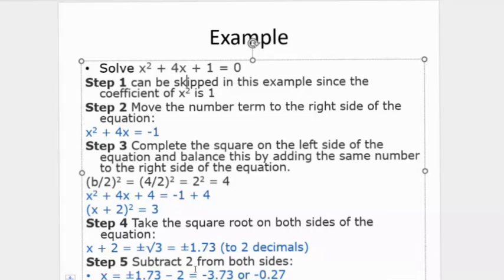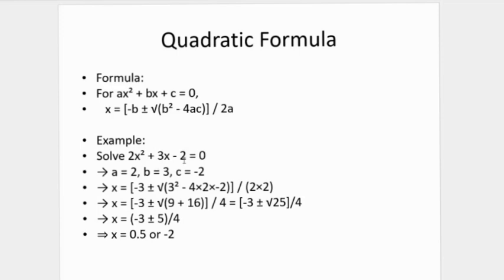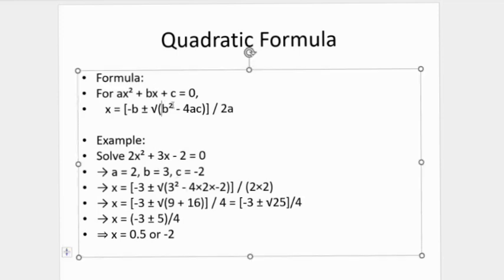So I have real numbers here and they are not the same. For the one with the quadratic formula, b squared minus 4ac, which is this part, 9 plus 16 was 25. And that is greater than 0 as well. So it shows because I have 2 real roots and they are unequal.